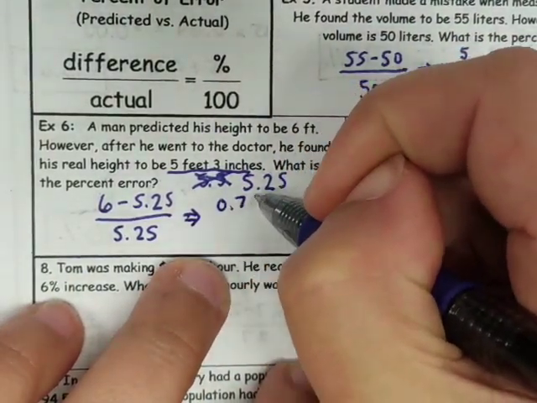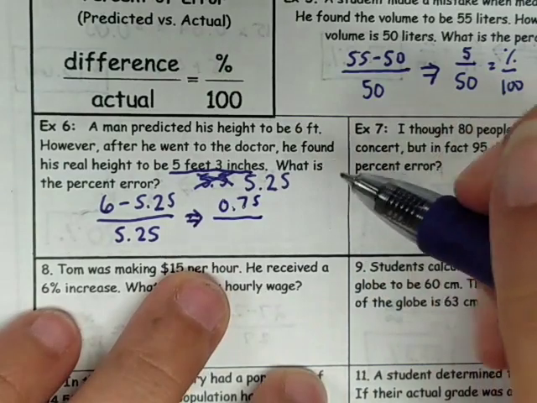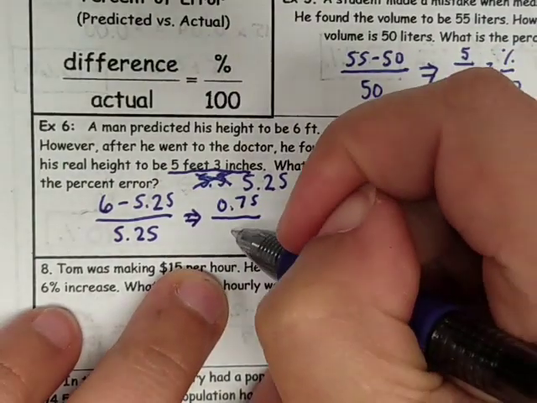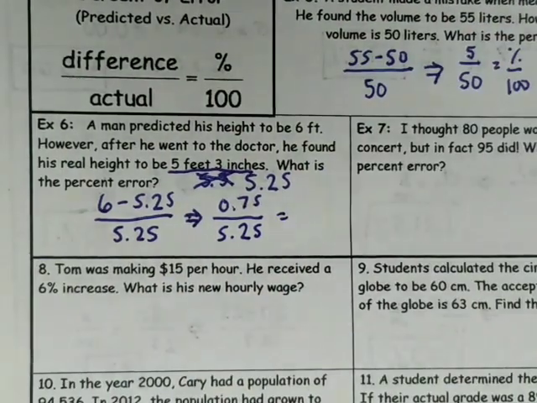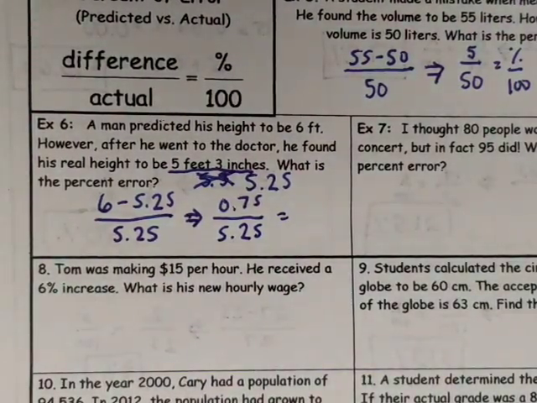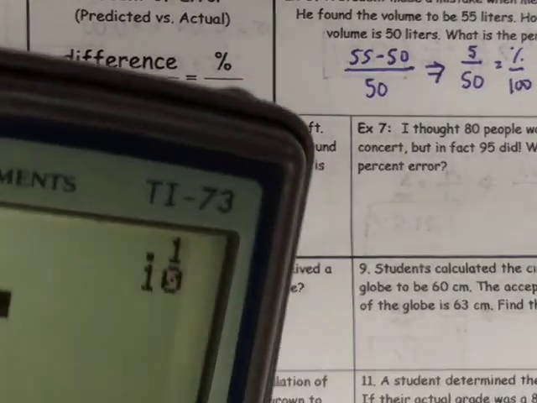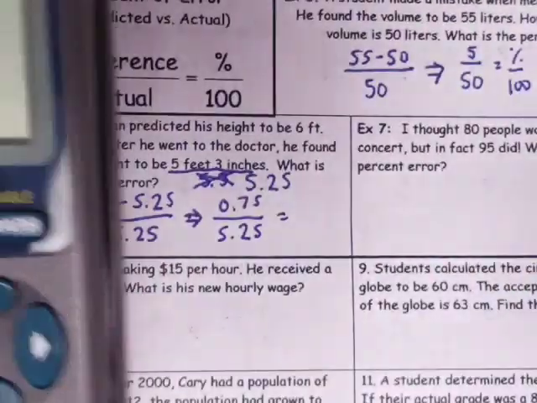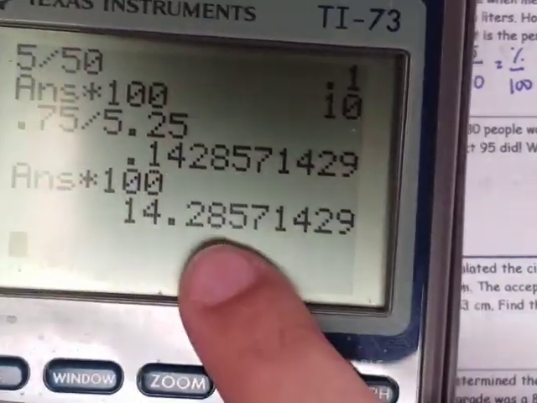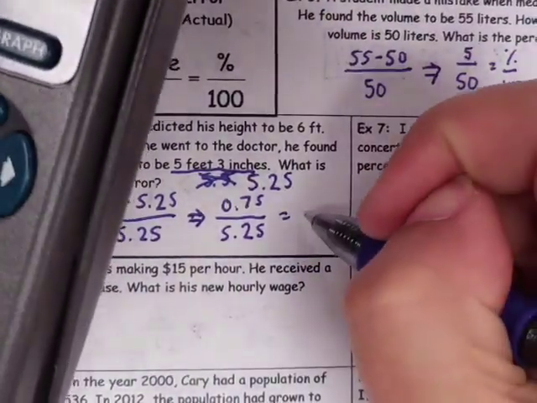So 0.75 feet, or he was off by 9 inches. So put that over 5.25, and 0.75 divided by 5.25 gives me an error of 14.3%. So I'm going to multiply that times 100, 14.3%.